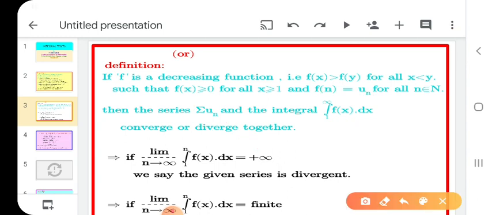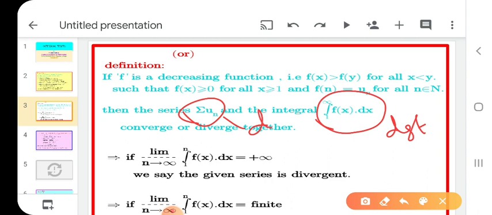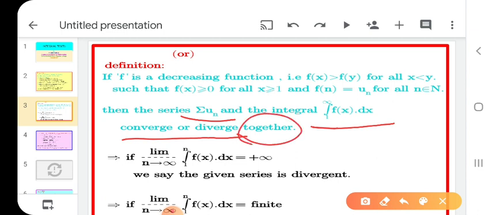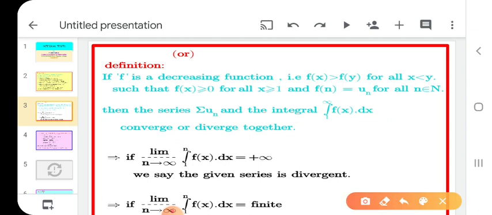If integral f of x dx diverges, what we say? The given series is also divergent. So the given series summation un and integral 1 to infinity f of x dx converge or diverge together. Together means both. This is the definition of the integral test.